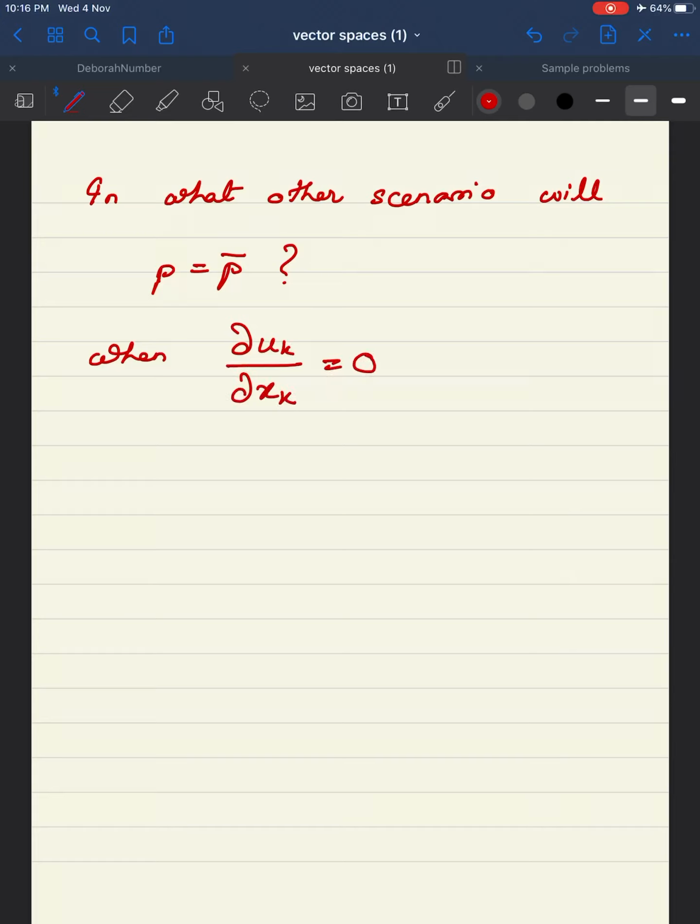And when does that happen? We have already seen that for incompressible fluids the velocity divergence term is 0. So for incompressible flows, P is taken as P bar.